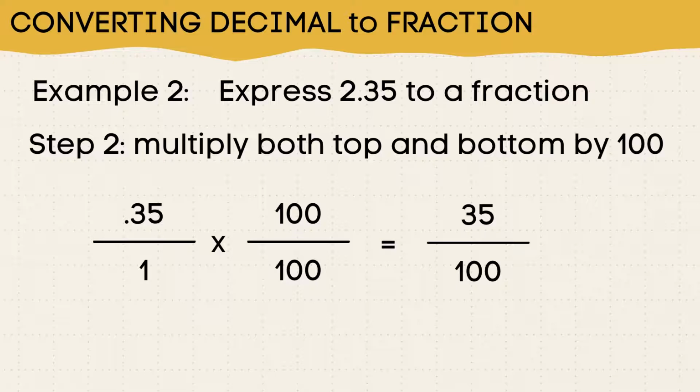The 2 is not included, okay? So we will just count 3 and 5. So we have 2 digits. So we will multiply both the numerator and denominator by 100. So 0.35 times 100, the answer is 35. 1 times 100 is equal to 100.